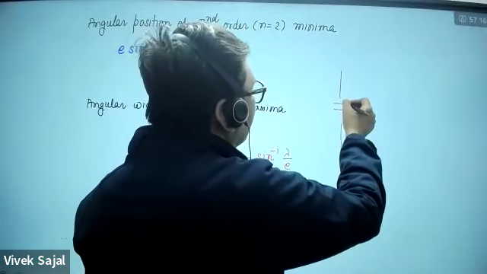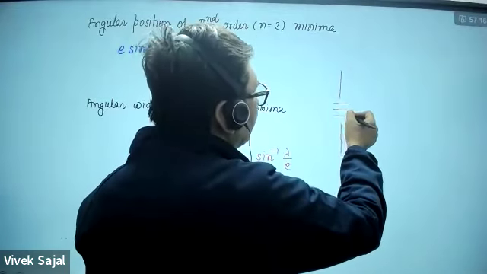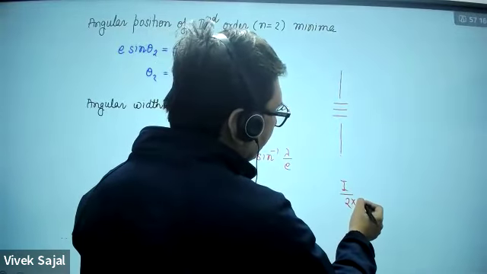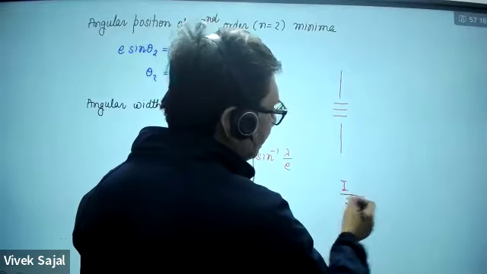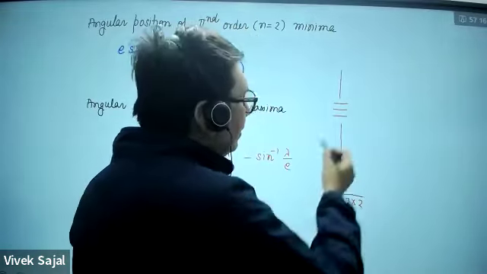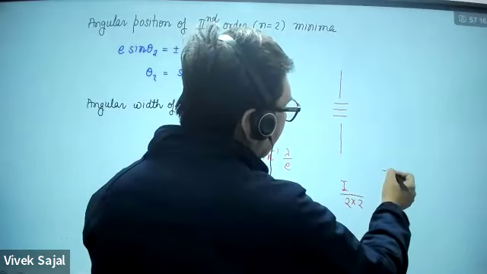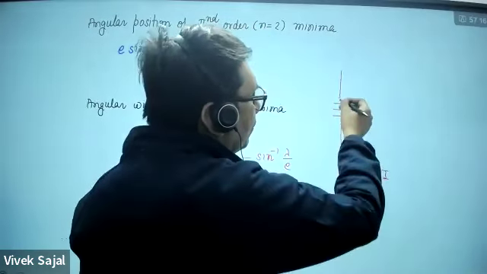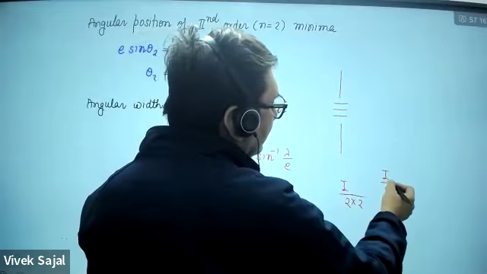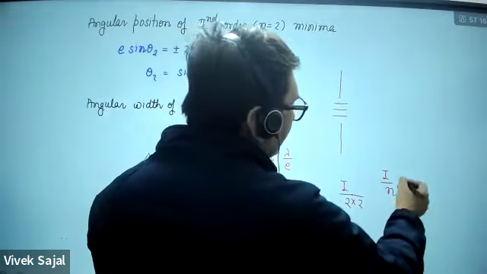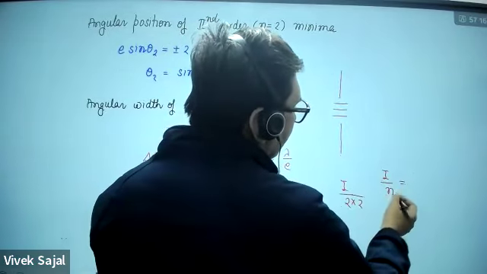If you convert it into 4 parts, what will be the intensity? You have divided, so this will be this. If you convert it into n number of parts, then what will the intensity coming from individual parts be? That will be I by n.